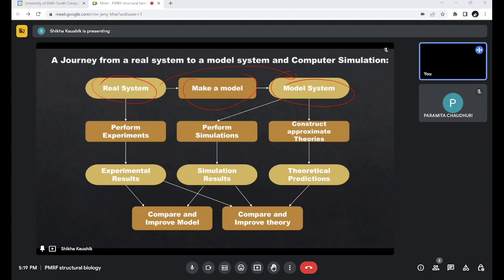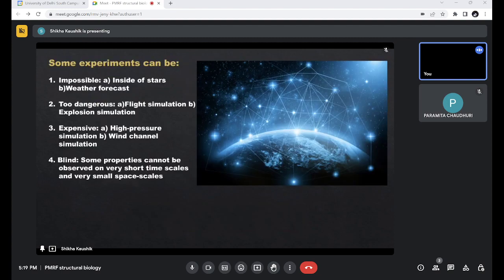You can fluctuate your parameters and try to understand what possible changes happen in a real system, and no doubt it helps you understand so many things. If I talk about some experiments which are impossible to study.